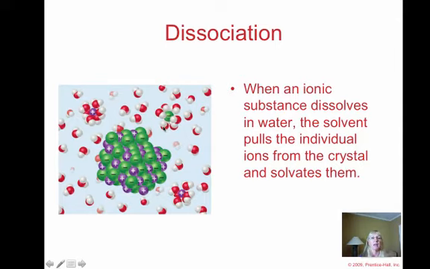Hydrogens are positive, that's why they are attracted to and pull off the negative chlorides. And over here, notice that it is the negative oxygens that are surrounding the positive little purple sodiums. So this is called dissociation, when we take an ionic substance and rip it apart in water.